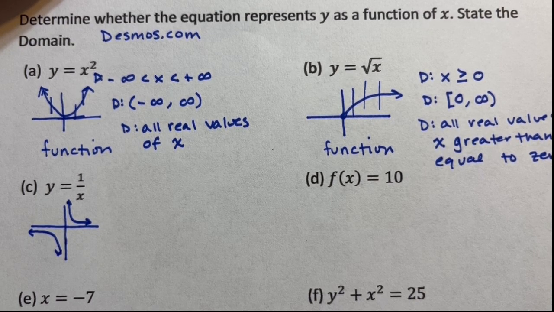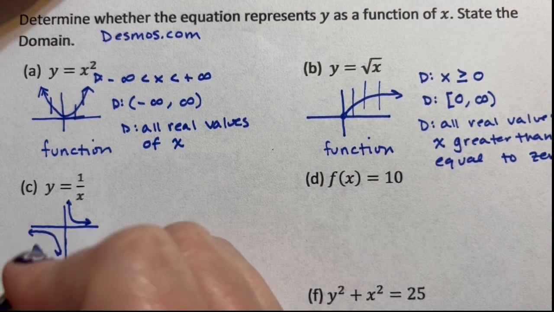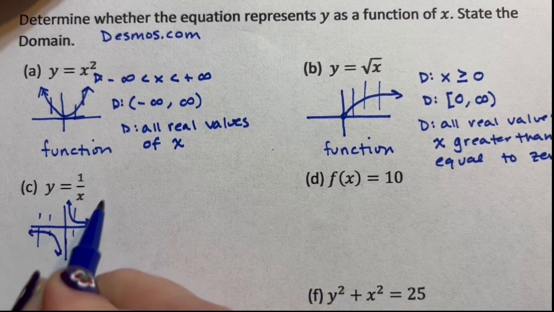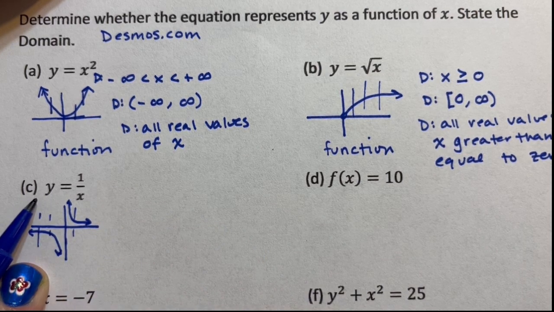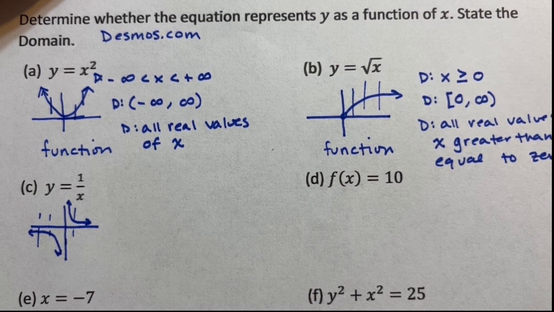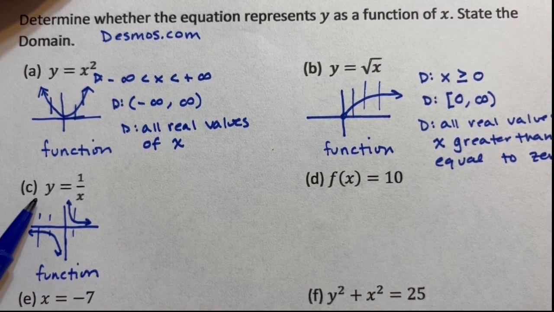So if we look at this, it is a function. It passes that vertical line test. And pretty much if you can isolate y and have y equals, it is a function. That's your other clue. So the vertical line test is one test. If you can isolate y, so it's y equals, that's another test.